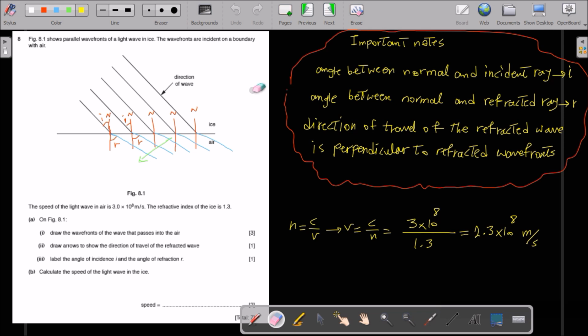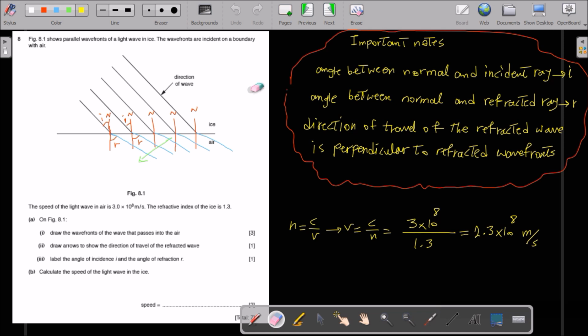Okay. First of all, you should draw normal line. So these red lines are normal lines which are perpendicular to boundary. So I draw 5 normal lines at the point that the wave is incident with the boundary. N can show normal line.